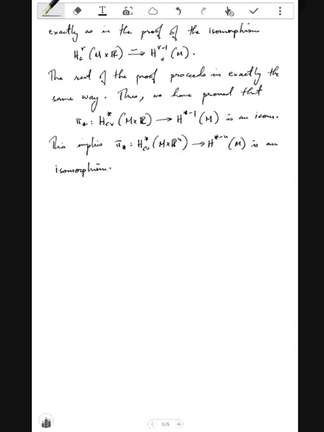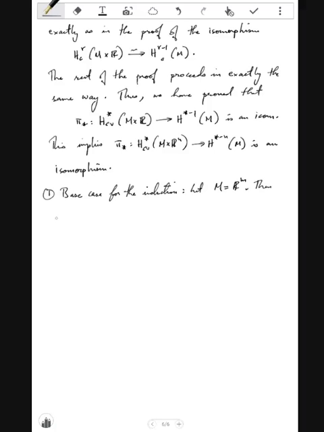So now we are ready to prove Thom's theorem. Let's consider the base case for the induction. The proof is going to be by induction on the finite good cover of the base. So let M be R^m.